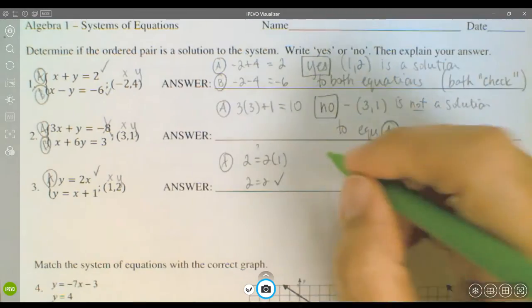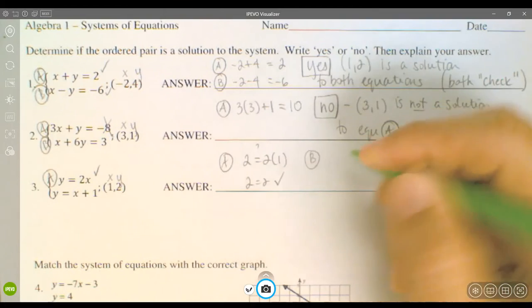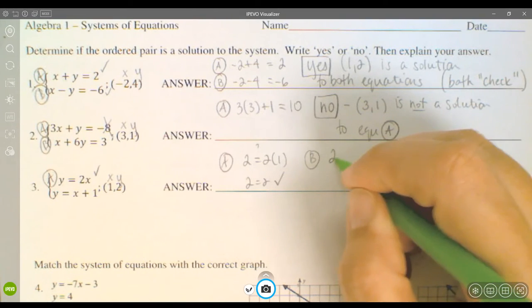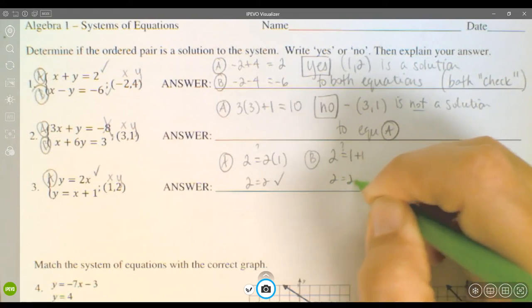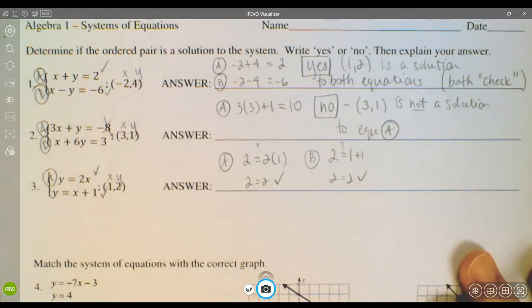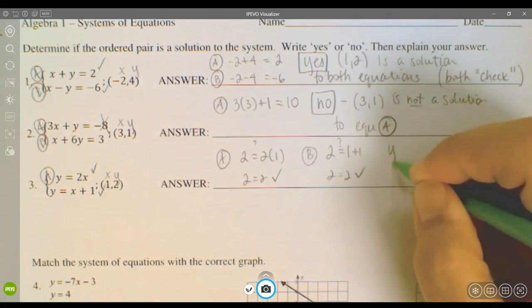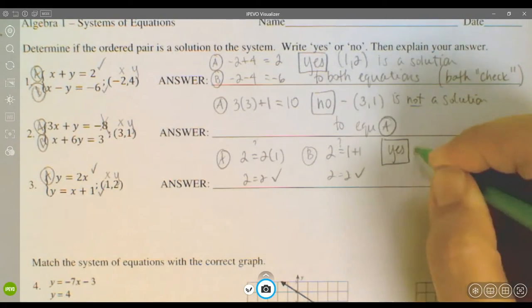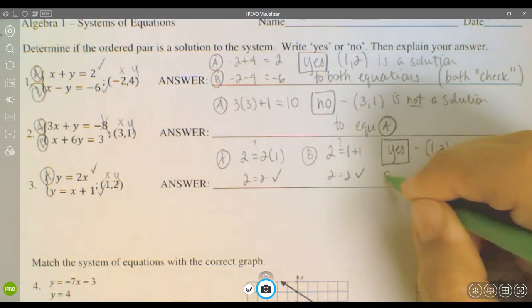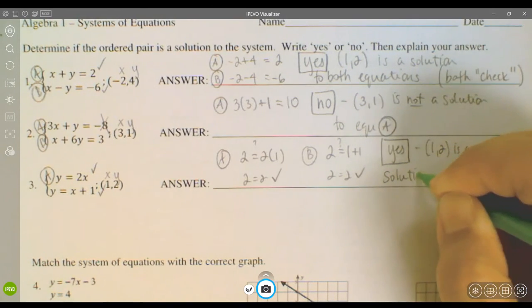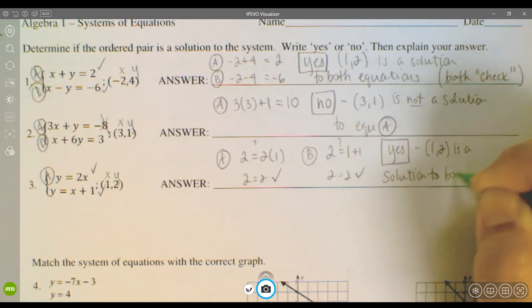And now for equation B. Does y equal x plus 1? Does y equal 1 plus 1? Well, yes, it does. So it checks there. So yes, 1, 2 is a solution to both equations.